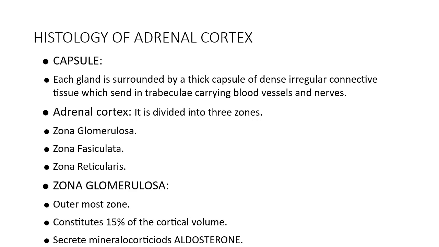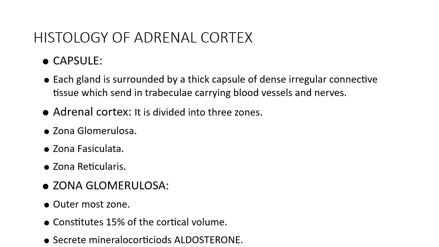The zona fasciculata is so named because the cells are arranged in closely packed cords, and in Latin, fascicle means a small bundle. Zona reticularis is called reticularis because the cells are arranged in the form of a reticulum, that means a network. So each zone has derived its name from the arrangement of the cells in it.